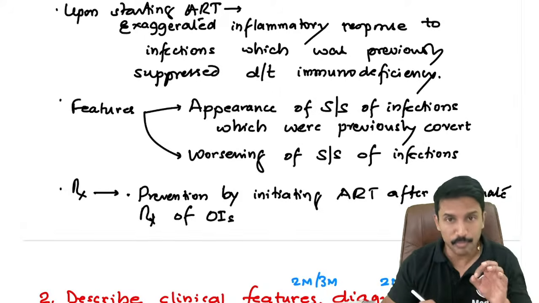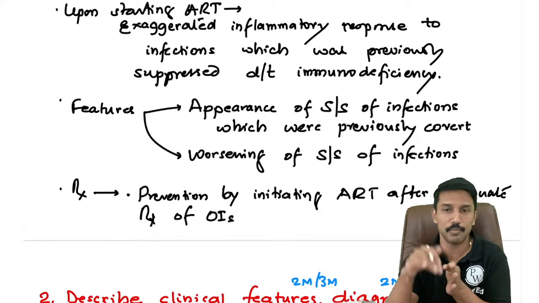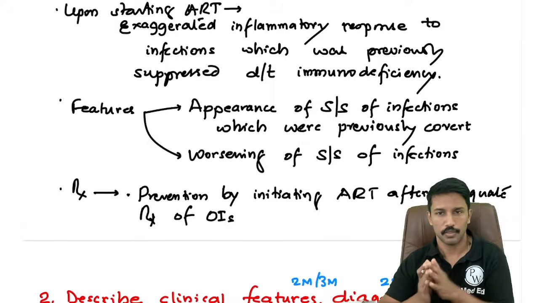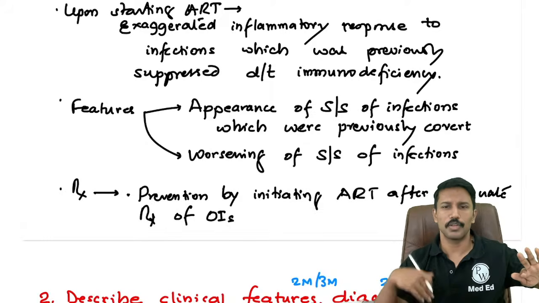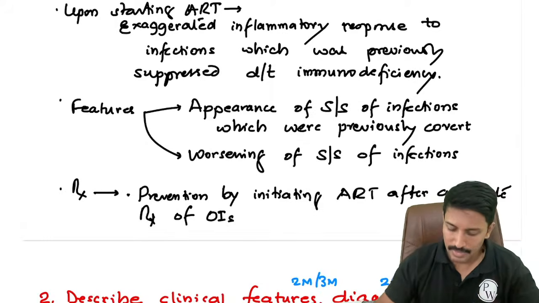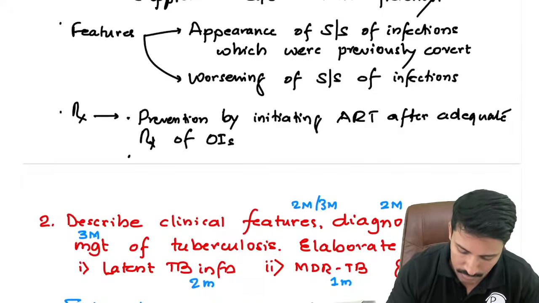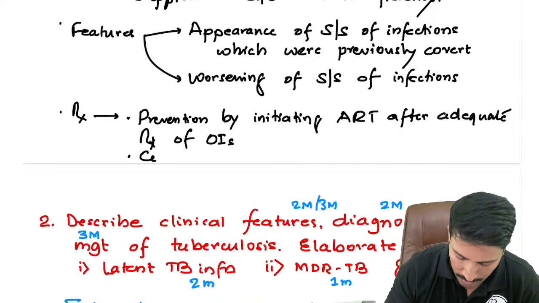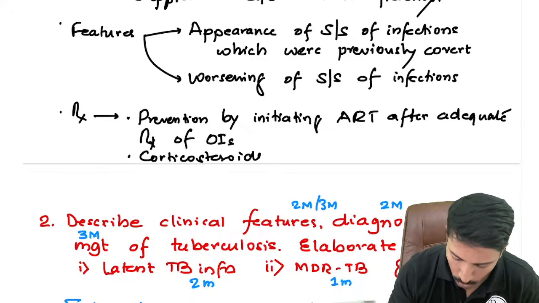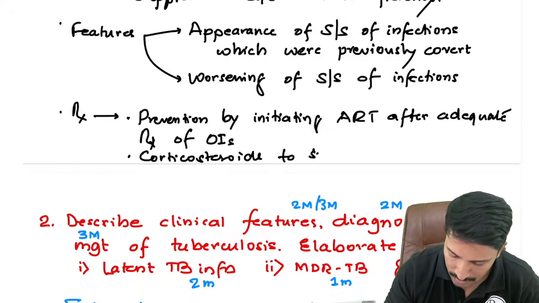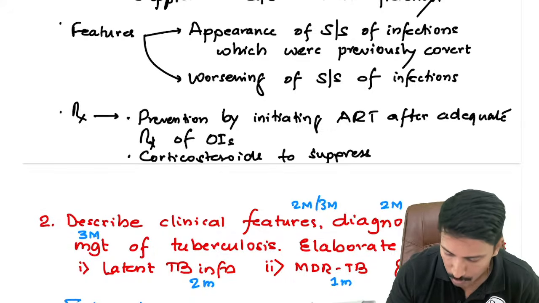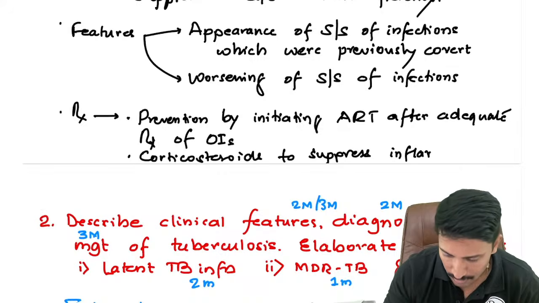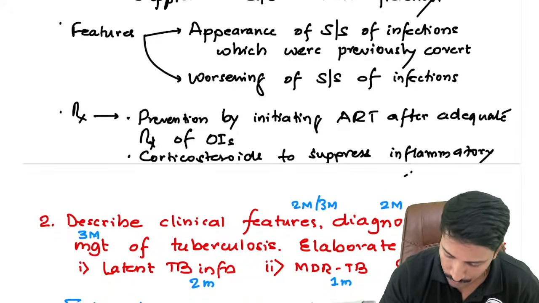So if the patient already has an opportunistic infection, first treat the infection and then bring in the ART, so that the infection is taken care of, so that your body won't mount an exaggerated inflammatory response. And if it happens, then we can try to add corticosteroids to suppress the inflammatory response. So that is about our IRIS.